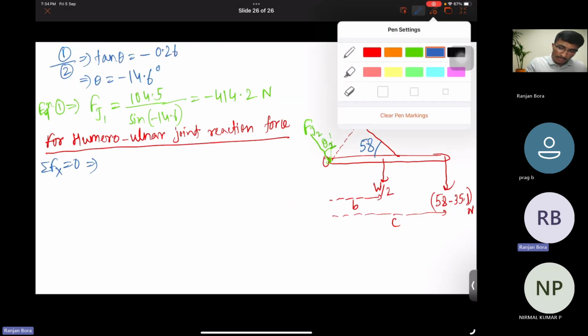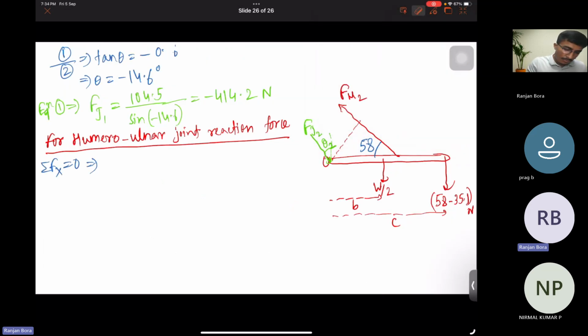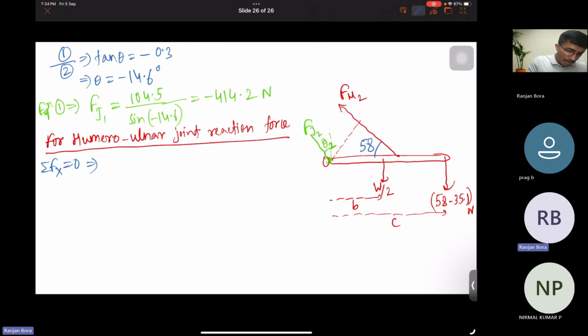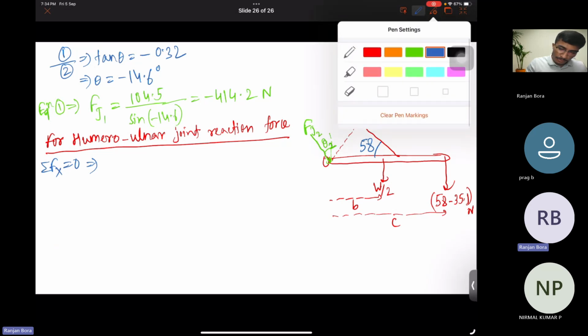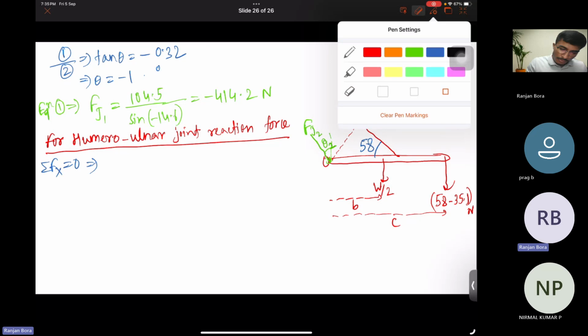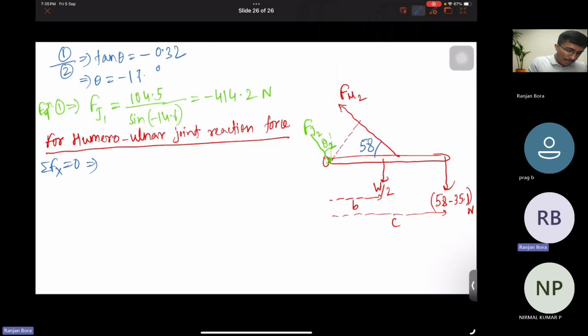This is minus 0.32, and this is 17.8. Not so much difference, only a difference of 3 degrees.